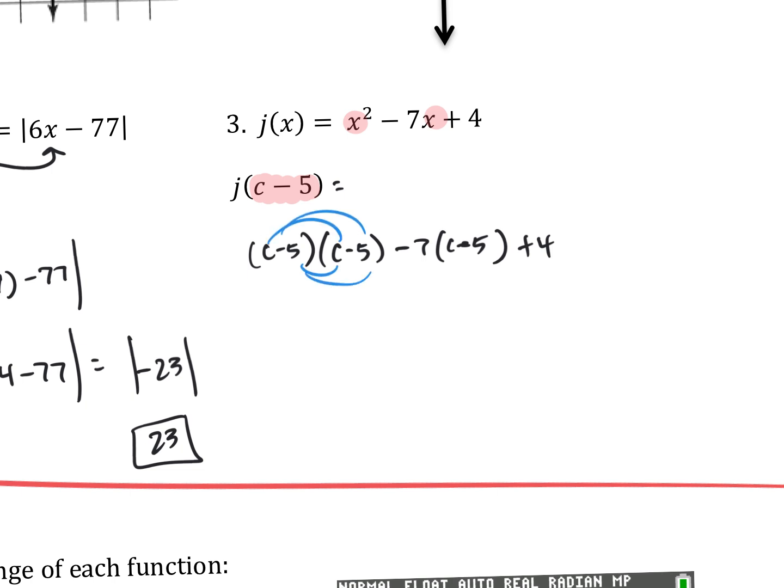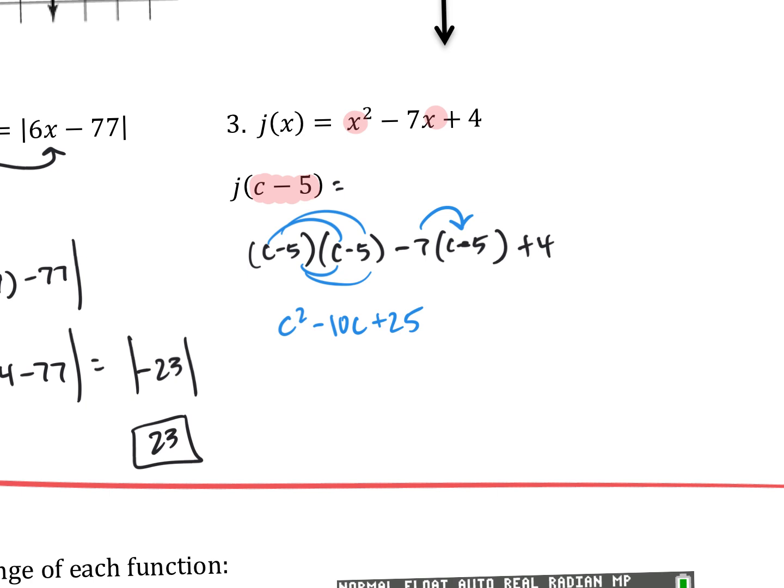Let's go distribute that. What are we going to get when we distribute C minus 5 times C minus 5? We got C squared minus 5C minus 5 more C. You down with minus 10C there? Plus 25.